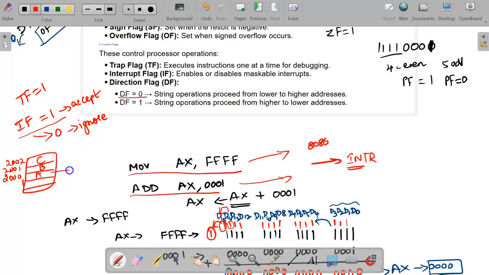first it will take the first character of the string, A, and then it will move to the next address and the next character will be considered, and then it will move to the next address and the next character will be considered. That is what DF equal to 0 will do. So it will move on from lower address to upper address.